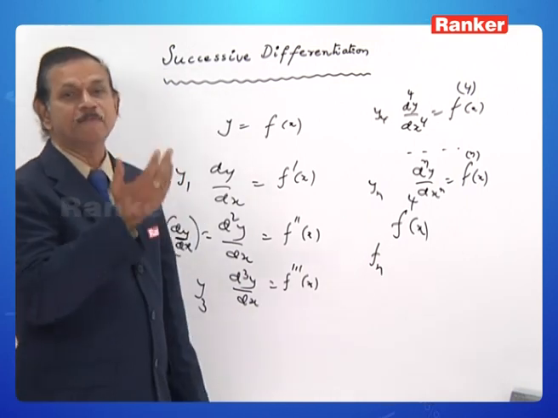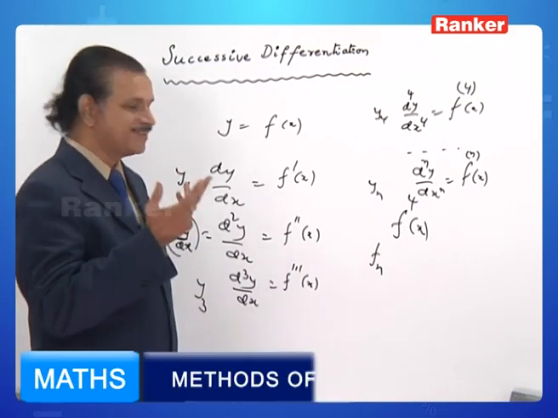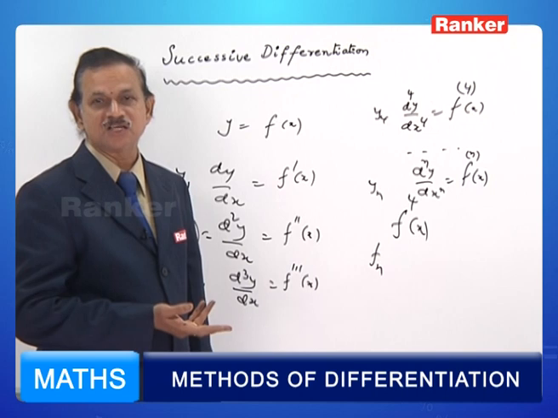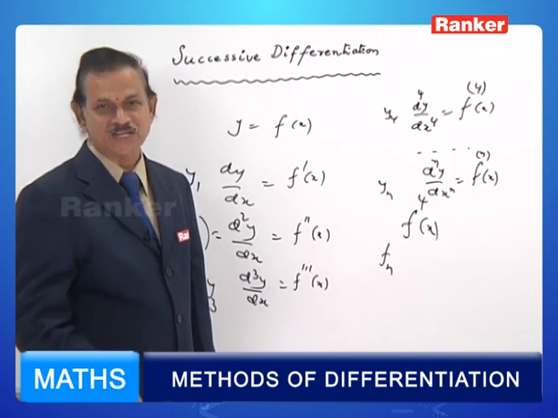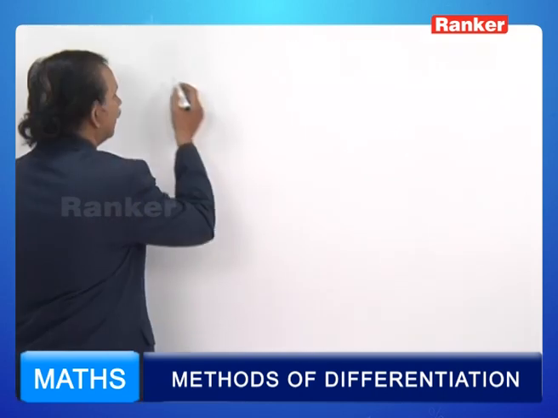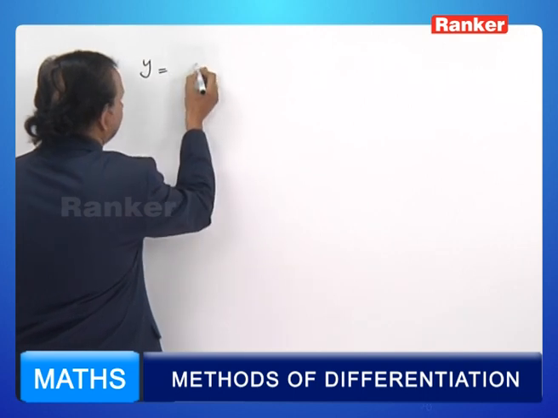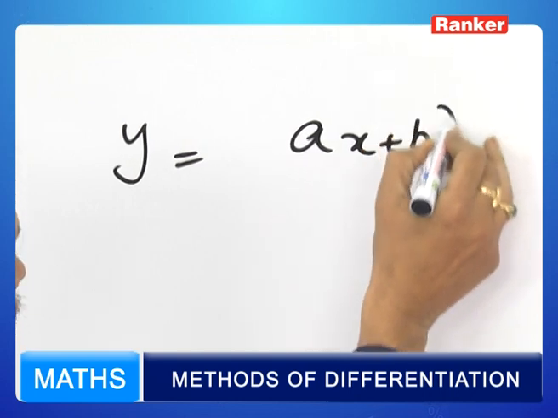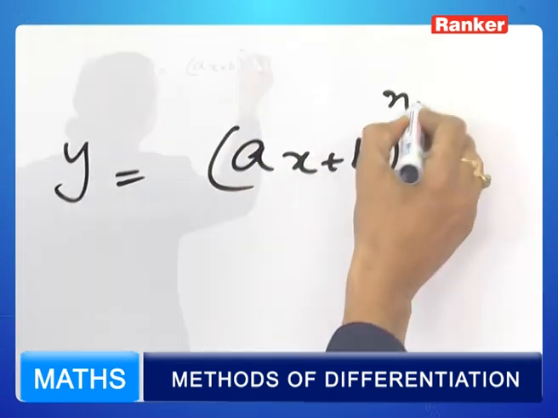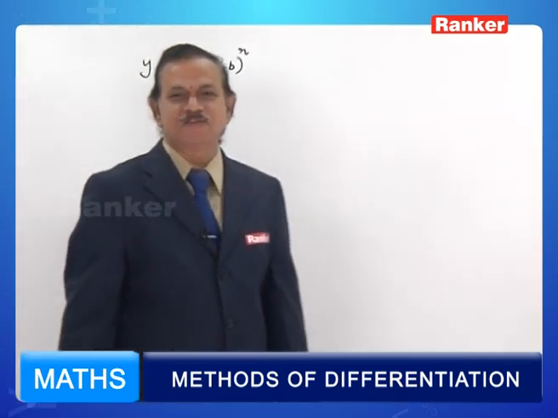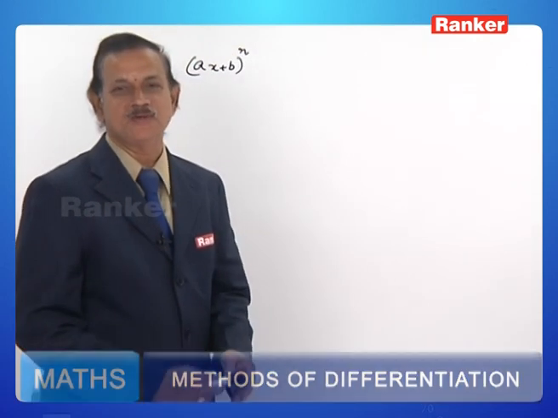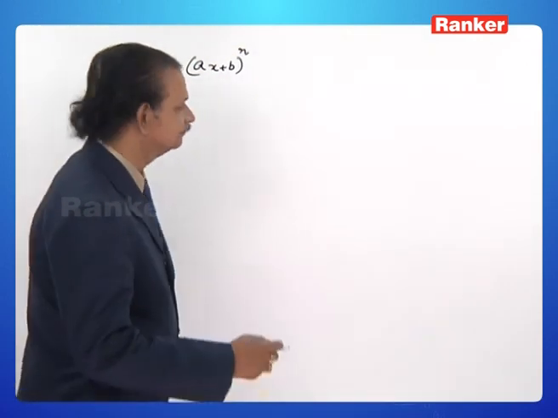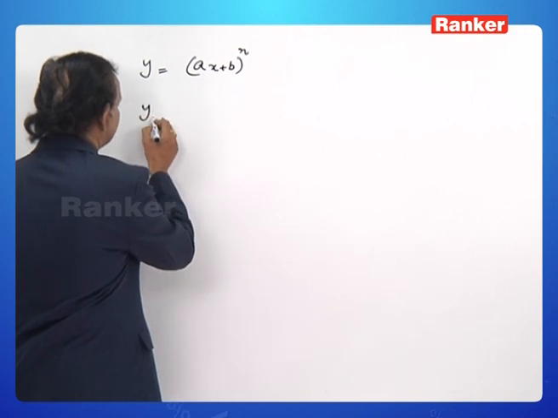Let us now observe some results and formulas, types of procedure like that under this heading. Consider the function y is equal to (ax plus b) whole to the power of n. What is y1?